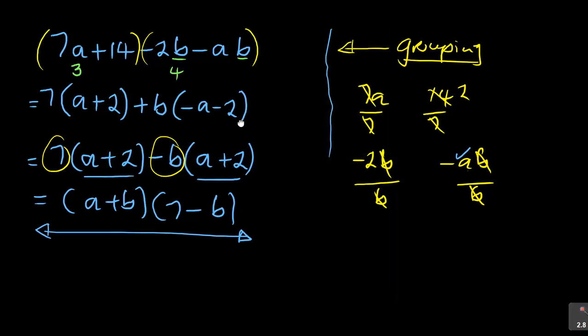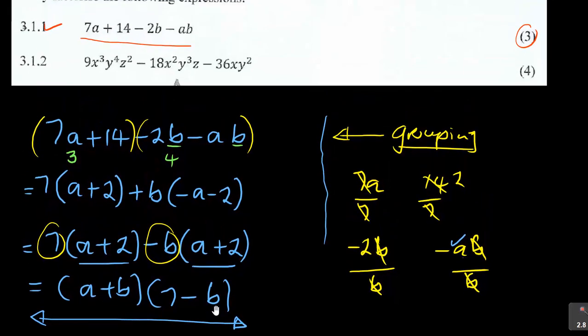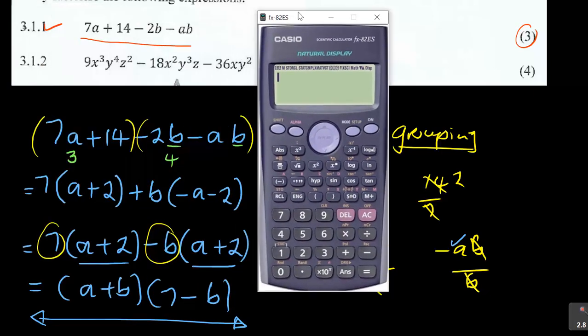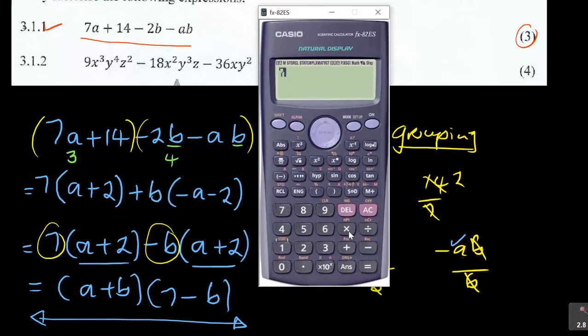If we take the original like that, yes, so I said a is 3, so it's 7 times 3 plus 14 minus 2 times b, b is 4, minus a is 3 times b is 4. The answer is 15. You see I'm getting a 15.